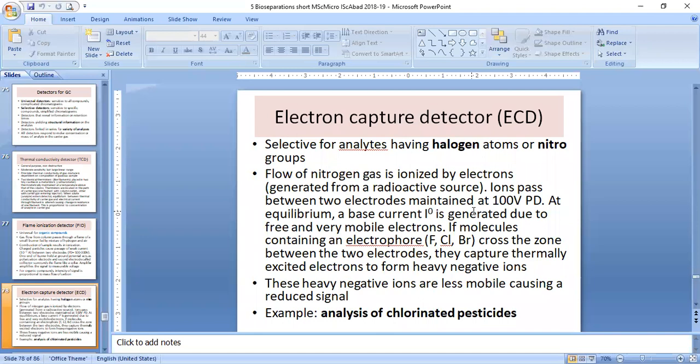Because of that less mobility, the electric current which is detected by the detector is reduced in intensity, because of the presence of heavy negative ions. And when the electric current is reduced, it is a signal. That signal is indicative of the presence of halogenated atoms, or halogens, in the sample.